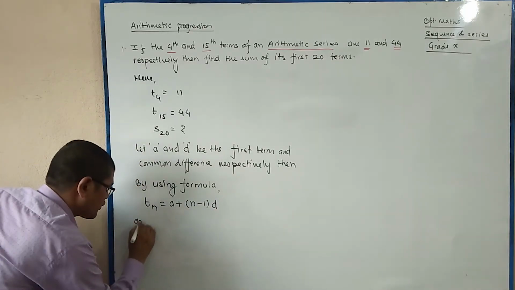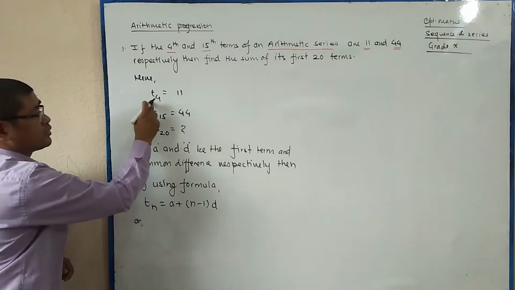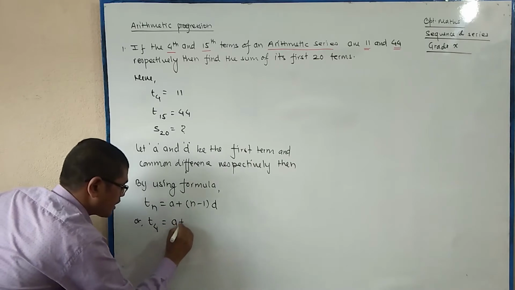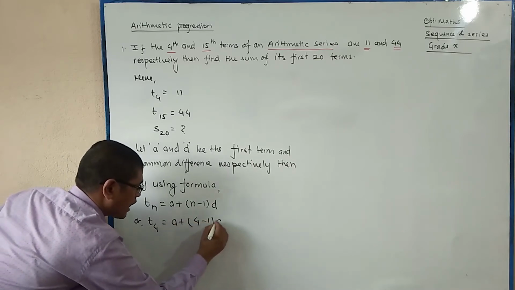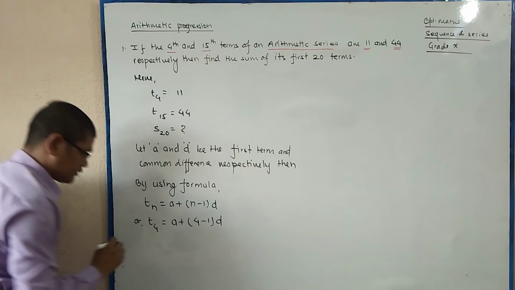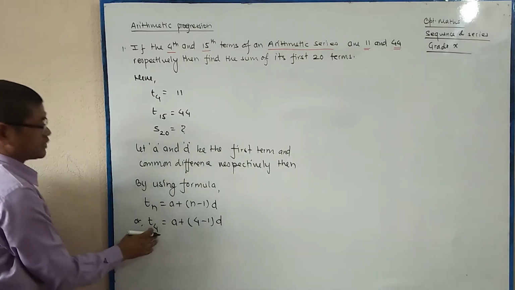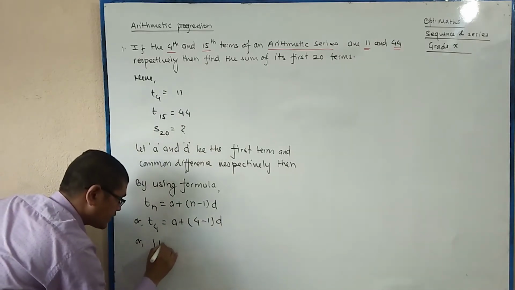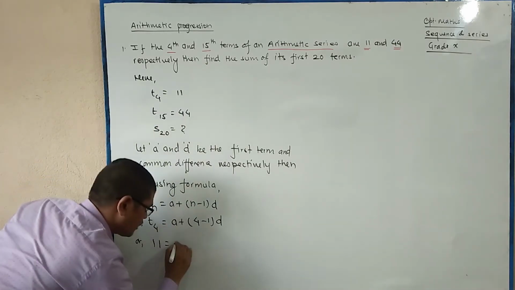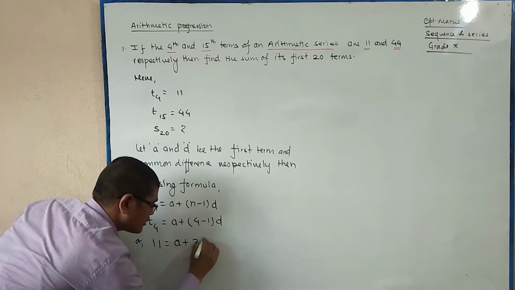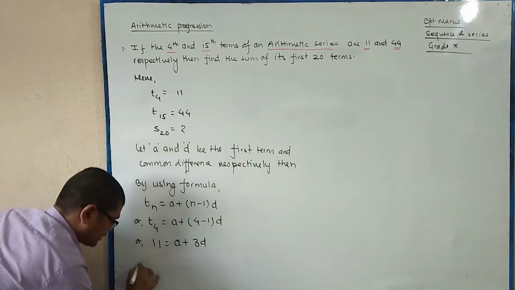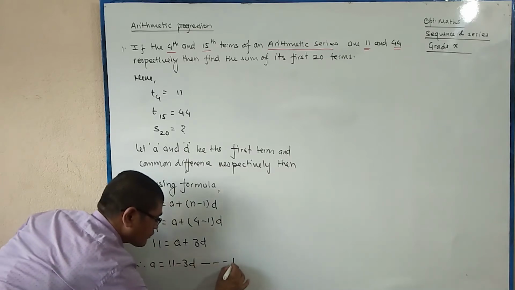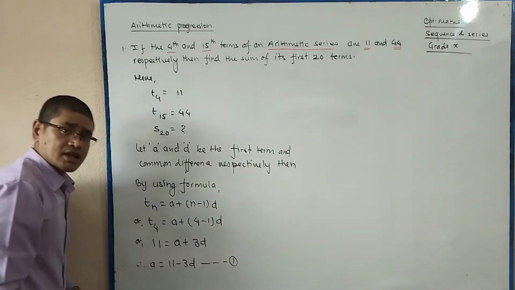Now we go for T4, so T4 equals a plus 4 minus 1 times d. T4 means 11, we have its value, so let's place 11 here: 11 equals a plus 3d. Therefore a equals 11 minus 3d is our first equation.